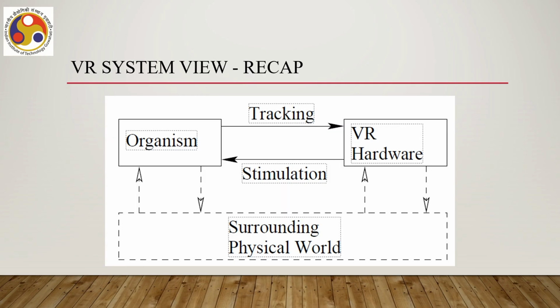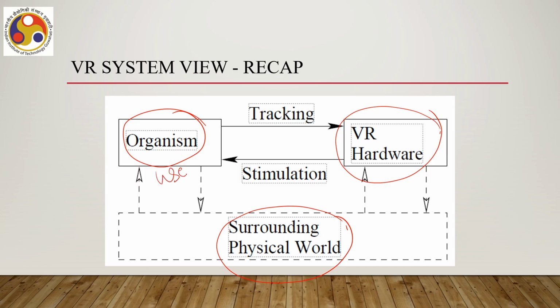Now, when we talk of a VR system, if you can recollect from our earlier discussion on VR hardware, there are three components: VR hardware, the surrounding physical world and the organism, which is nothing but the VR user. Between each of these components there is bidirectional data movement.